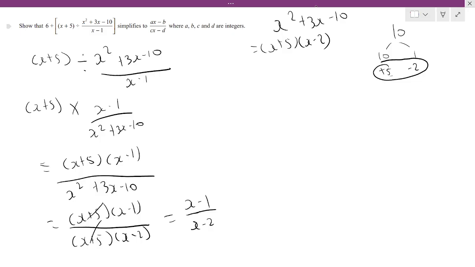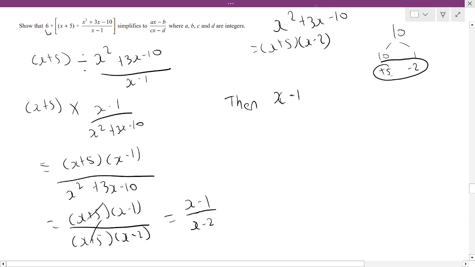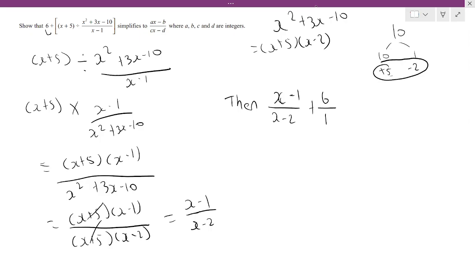Now we need to add all of this to 6. So then x minus 1 over x minus 2 add 6. Again, remember, 6 is kind of like a fraction. Any number can be a fraction. This is 6 over 1. Then we need a common denominator.